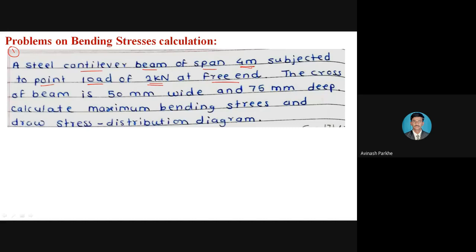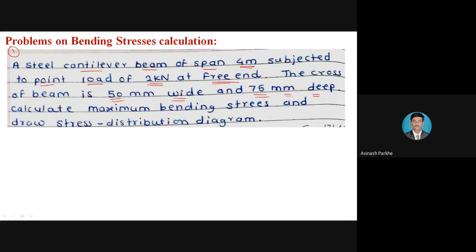Okay. So whatever the 2 kilonewton force is applied, that 2 kilonewton force is applied at the free end. The cross section of the beam is 50 mm wide and 75 mm deep.